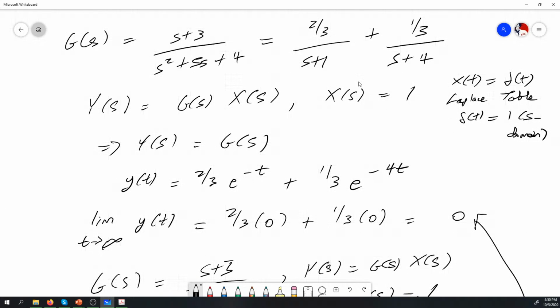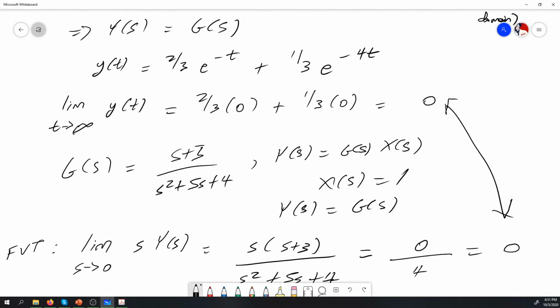So when you do the inverse Laplace transform, it will be 2/3 e to the minus t plus 1/3 e to the minus 4t, representing the components 2/3 and 1/3, and these root factors represent the exponent factors. So for s plus 1 it is e to the minus t, and for s plus 4 it is e to the minus 4t.